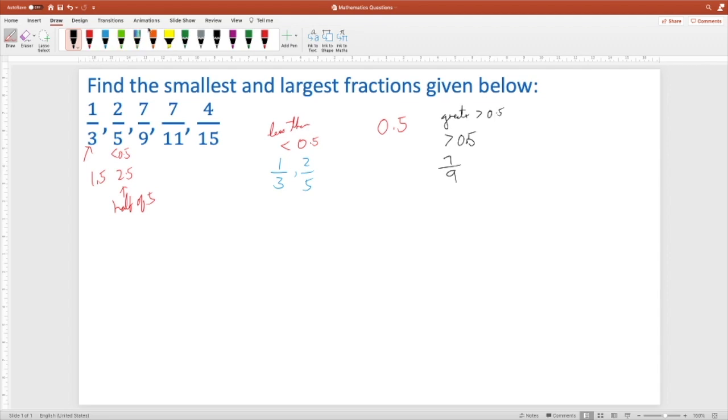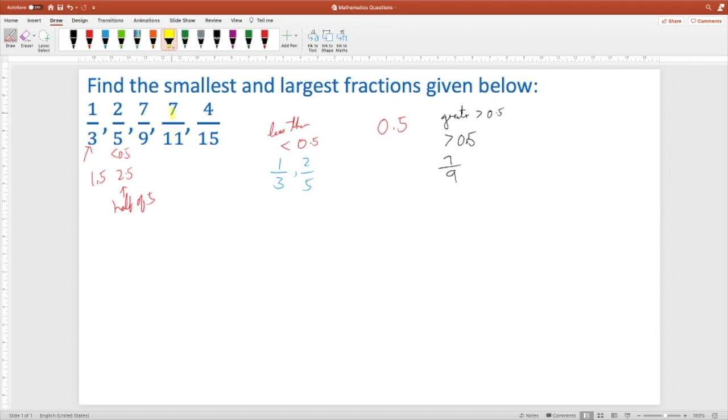What about the next one? The next one, 7 over 11. Is it more than 0.5 or less than 0.5? More than. Why? Because half of 11 is 5.5, and 7 is like 1.5 more, I think. Yes, so 7 is more than half of 11.